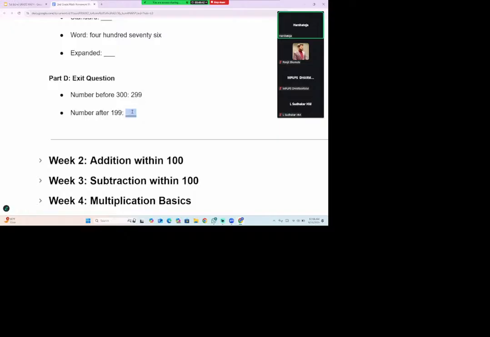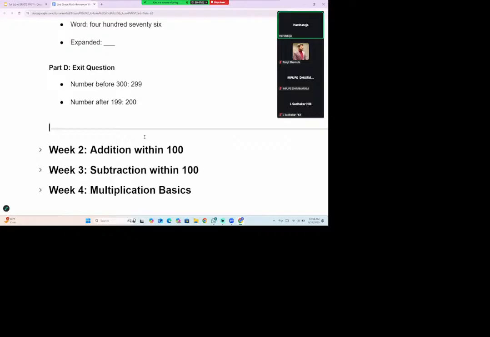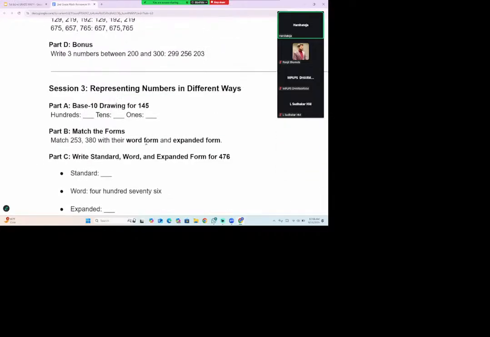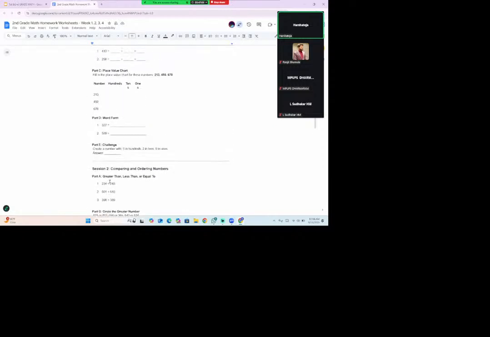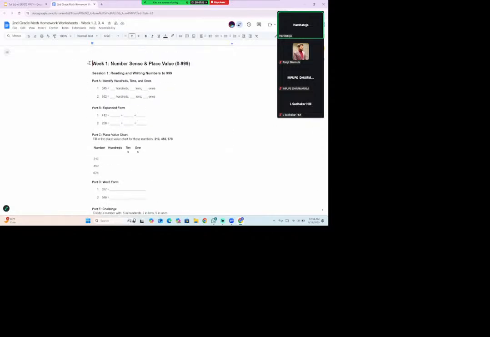And any number after 199, so any number greater than 199. If we look at the hundreds place, 2 is greater than 1. So 200 is greater than 199.